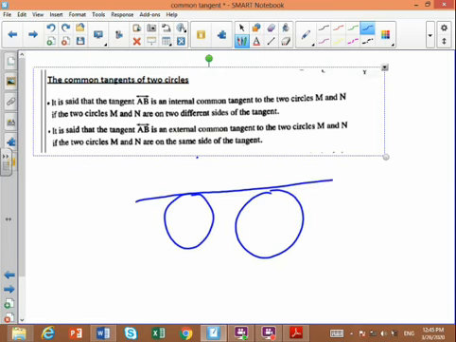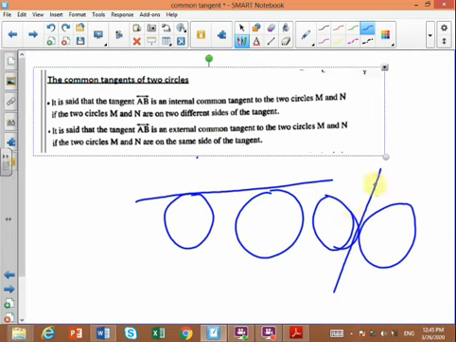If they are on the same side of the tangent, it is called an external common tangent. If they are on different sides, like when I draw a tangent like this, one circle on the right and the other circle on the left, this is called an internal common tangent.